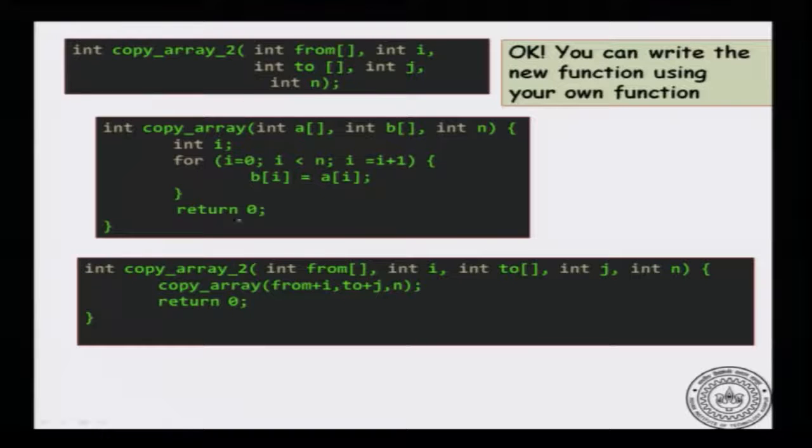So, copy array will start from A[0] and copy n elements afterwards to B[0] and so on up to B[n minus 1], and that function I am calling using the address from plus i, to plus j and n. n is the number of elements I want to copy. Now, I will justify that this works.